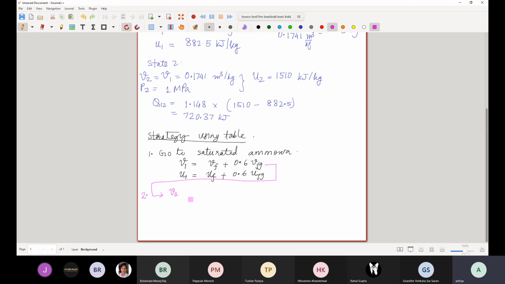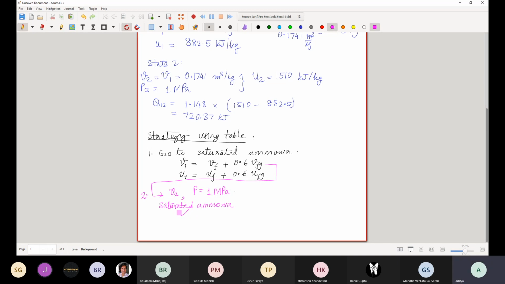So step 2, you know what V2 is, and the pressure is 1 megapascal. So what should you do? In the saturated ammonia table, and I will just go there in a moment, this strategy should be clear in everyone's mind without even having to open the table.